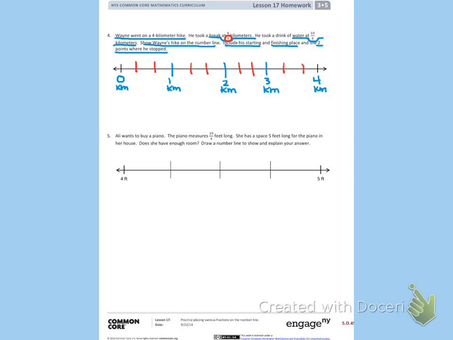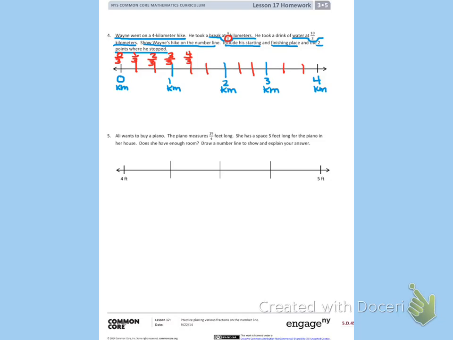Now I need to label where the 4/3 mark is on this number line. I think I'll go ahead and begin by labeling the 0. 0 is the same thing as 0/3. I'll keep counting up until I find 4/3. I found 4/3.